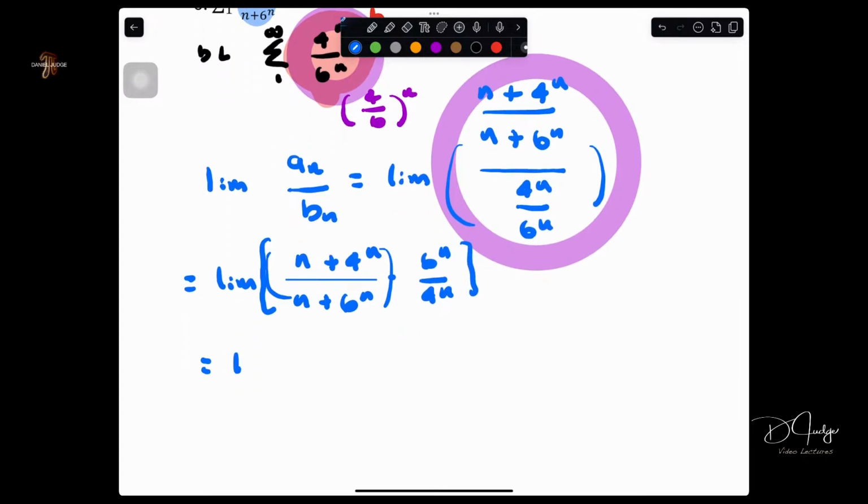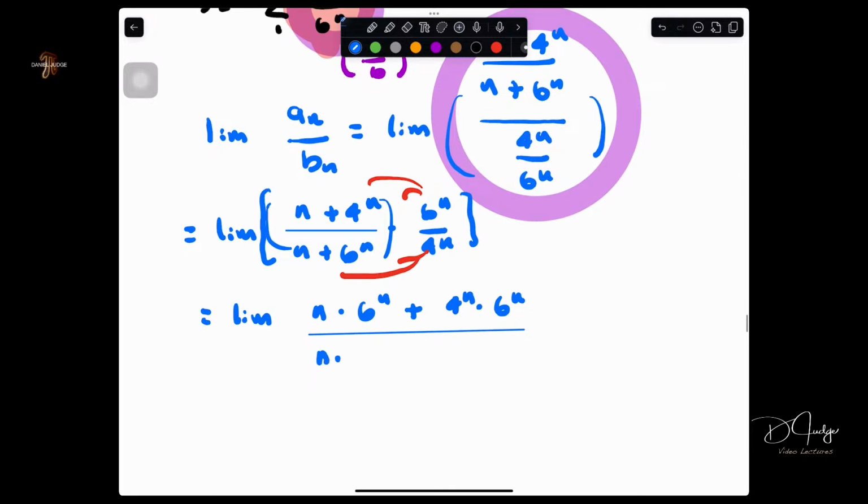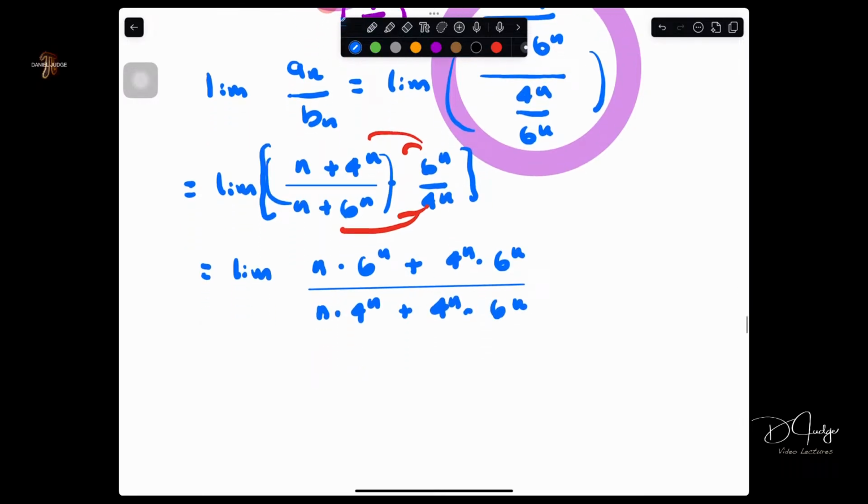So we get the limit now by distributing: n times 6 to the n plus 4 to the n times 6 to the n over n times 4 to the n plus another 4 to the n times 6 to the n.